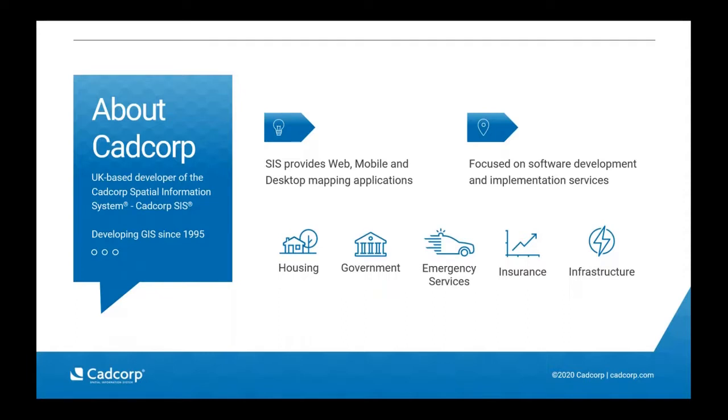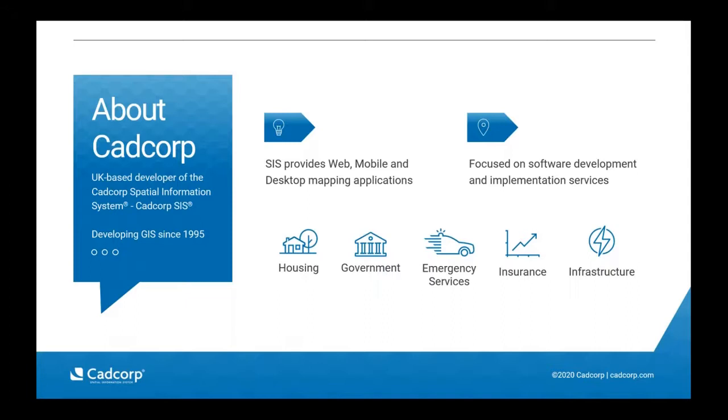So Cadcorp is a UK-based software development company. We're based in Stevenage, just north of London, and we create the Spatial Information System, which we call Cadcorp SIS. That's the family of applications that Cadcorp provide to our customers. Our customers in the UK tend to be in housing, government, emergency services, insurance, and infrastructure.